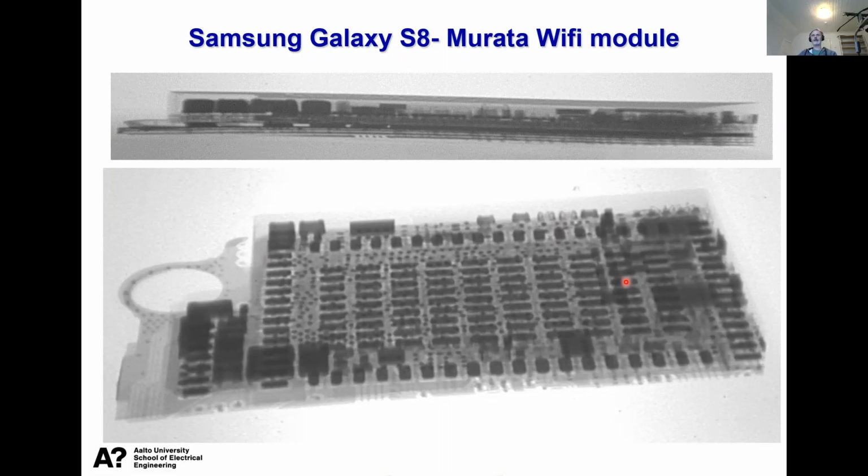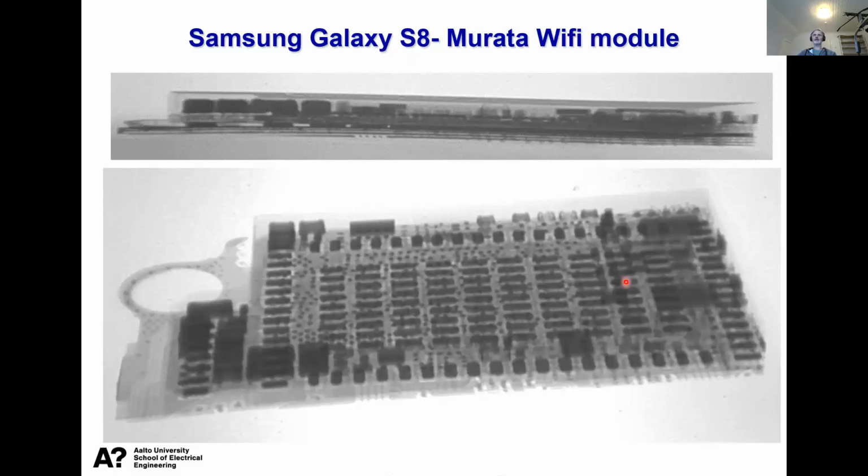meaning that, of course, in these kinds of packages, the term known good die is extremely important. This means that when you are manufacturing this kind of component or package having several components, you need to be sure that all the individual components you put inside that package are functional.